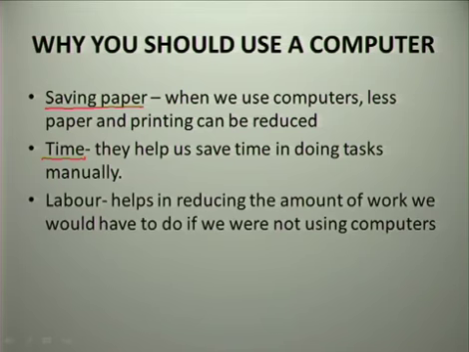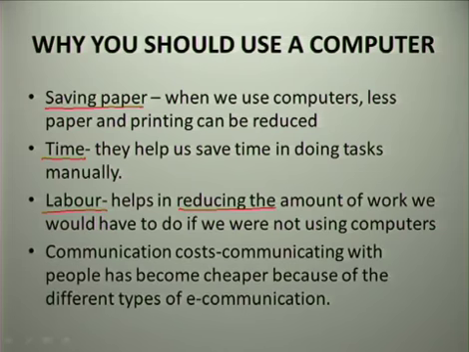When you do tasks manually, it can take longer, but with the help of a computer, it takes less time. Again, computers can help us in terms of labor. How? They help us by reducing the amount of work that we would have to do if we were not using a computer.